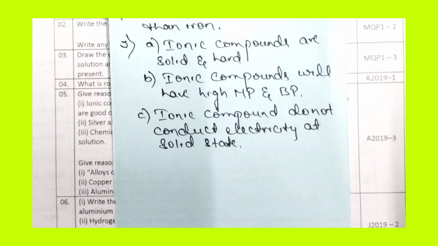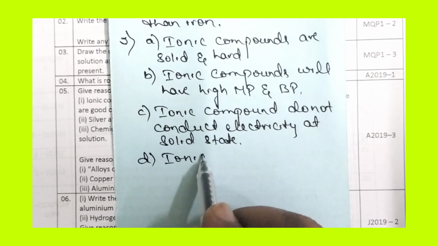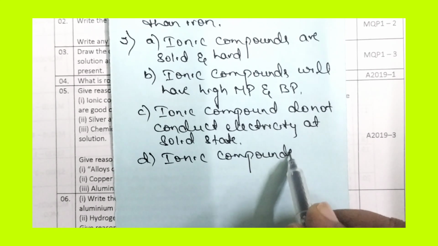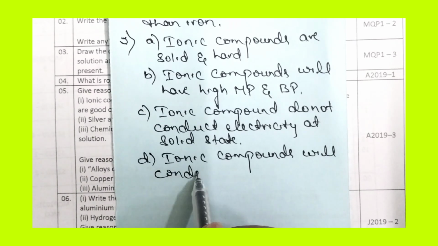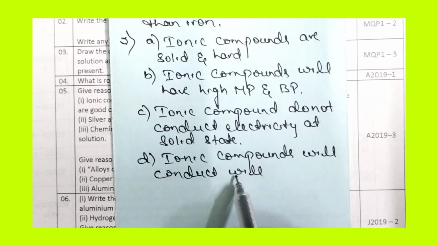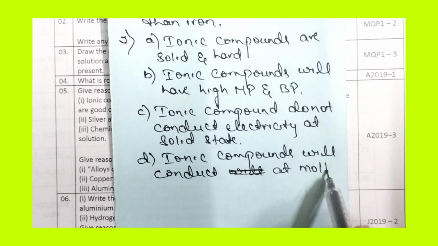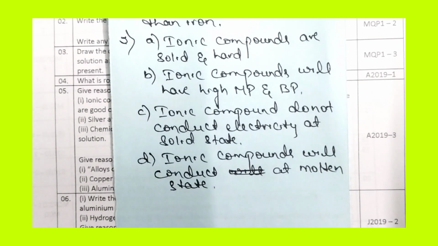And the fourth property is ionic compounds conduct electricity in molten state. These are the 4 properties of ionic compounds. So now let us answer the internal choice question.